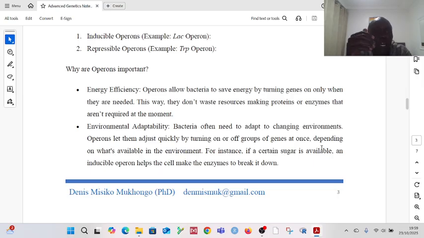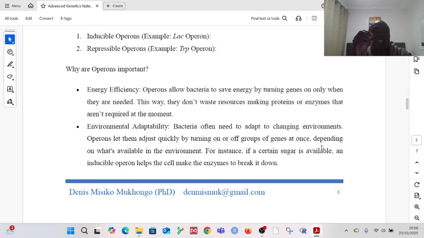So then, are operons important? The answer is yes. And one of those main vital points of why operons are important is they help in energy efficiency.